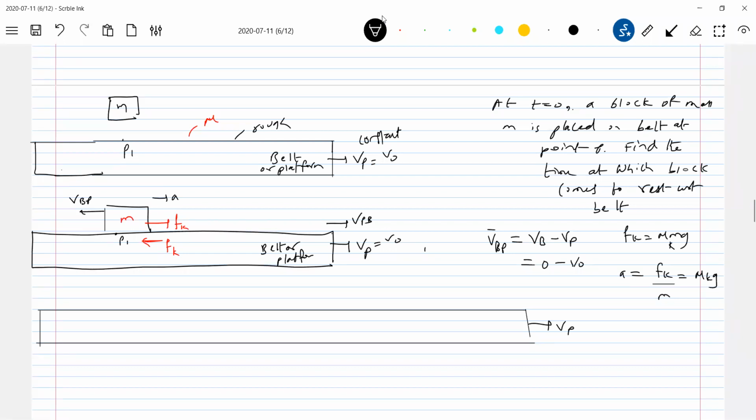At P1 only. The P1 point will be somewhere here, and the P2 point of the platform will be here. So this is the ground, let me take a reference G. The belt will move, so this will shift. The block will undergo displacement with respect to the platform. Somewhere here the block will again attain the velocity of the platform, and now there is no relative motion and friction will not act. Call this P3.